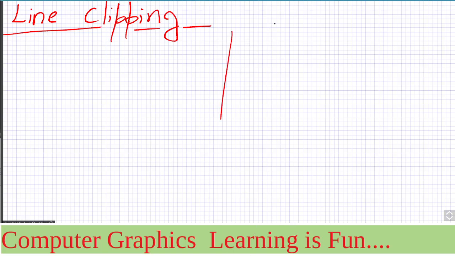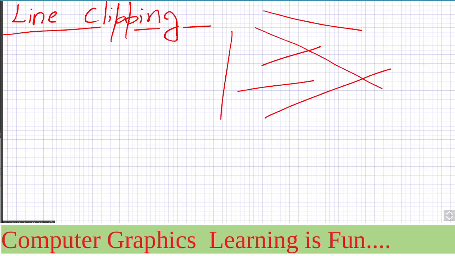If we have certain lines moving here and there, and then we devise a window, suppose like this, then whatever portions of the lines are within the window should only be visible, right?